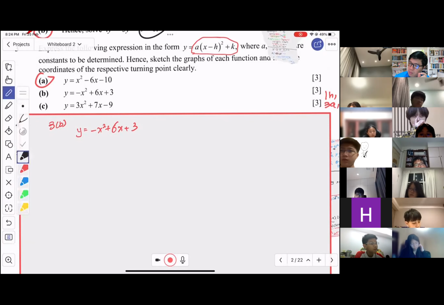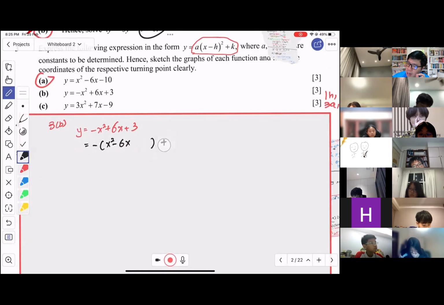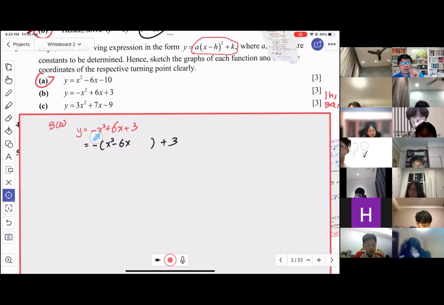If it is not positive 1, then I have to factorize out a negative sign to ensure that I'm starting on a clean note. Before I complete the square, I want my x squared to be clean. It must be positive 1. I don't want any negativity inside. So I take the negative sign outside.